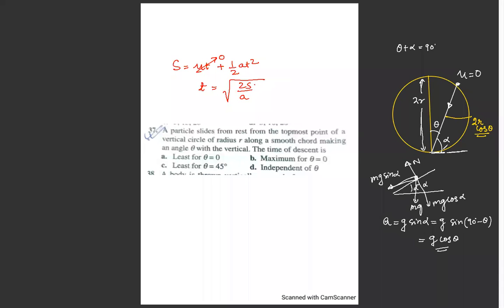What is s? s is equal to 2r cos theta. So it will be 2 into 2r cos theta, that is 4r cos theta, divided by the acceleration g cos theta. These cancel, so the final answer is 2 square root of r by g.